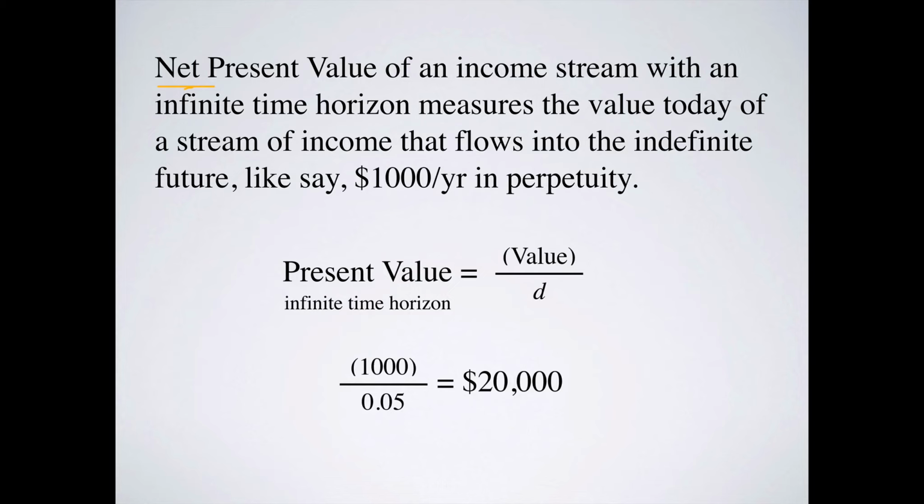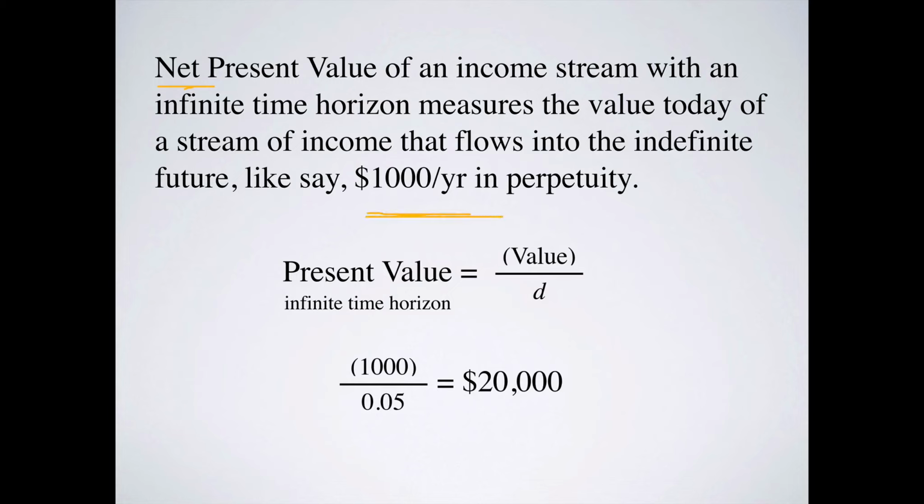Now let's look at this, and instead of a one-time payment of $1,000 in 5 years, let's say we're talking about an income stream that flows into the infinite future. This is called the infinite time horizon. It measures the value today of a stream of income that flows into the indefinite future, so into the future forever, in perpetuity. Let's say, for example, $1,000 a year in perpetuity.